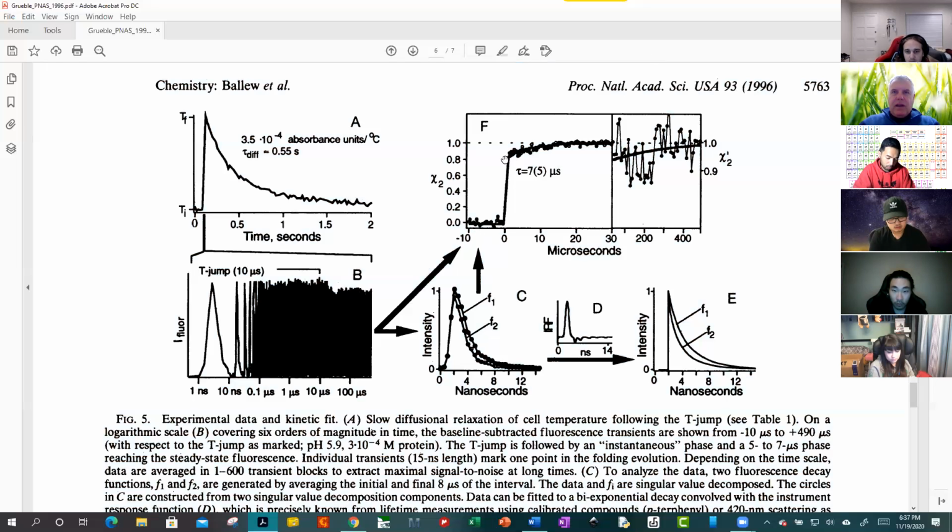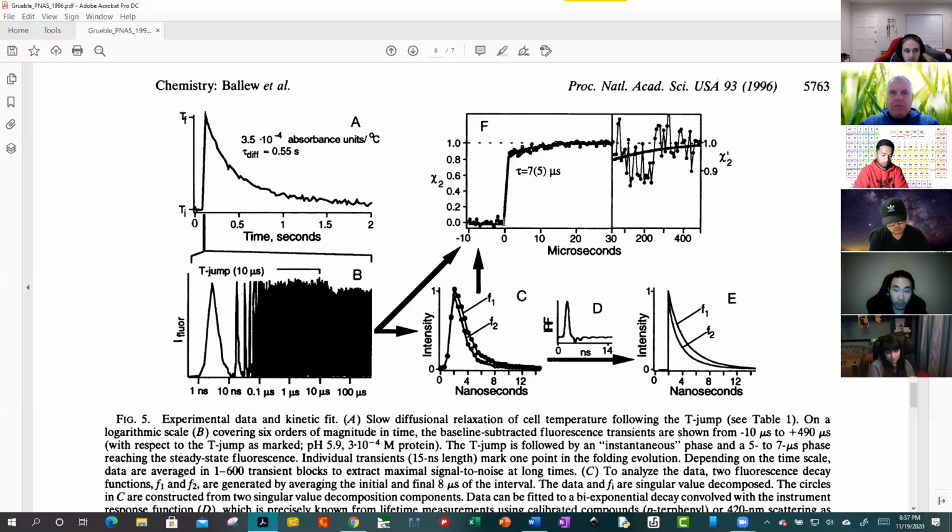It gets fit to this type of curve, right? Here, the fluorescence decay, the lifetime of that long component, I think, is plotted here.